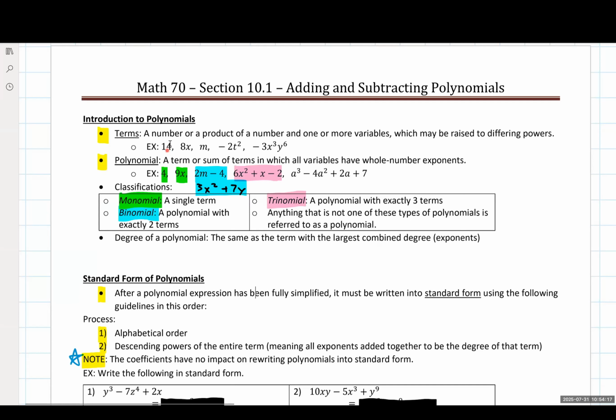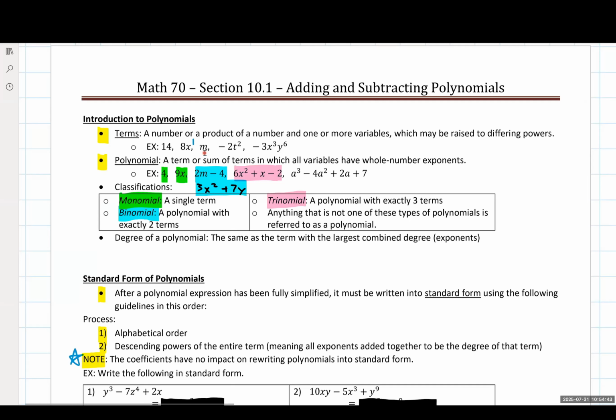So this 14 would have a degree of 0. The 8x that we see here, well, I'm not explicitly seeing any degree showing up, but there is an assumed invisible 1 that is hanging out right up here with this x. So this 8x is actually 8x to the first power. So this 8x would have a degree of 1.